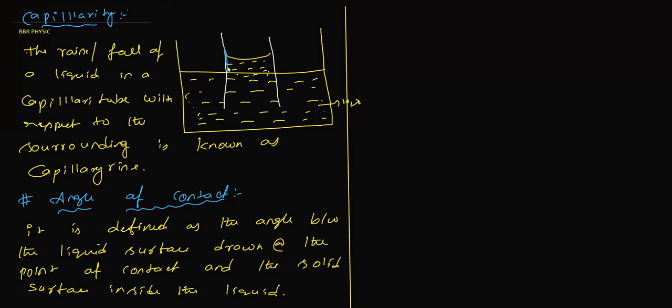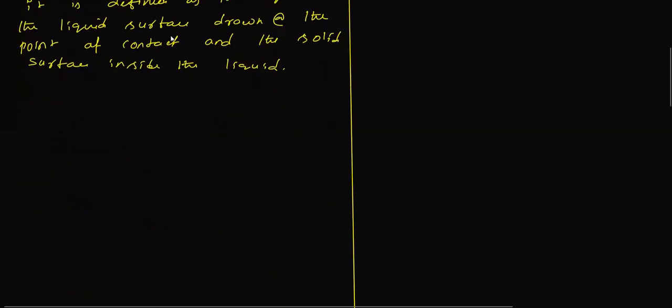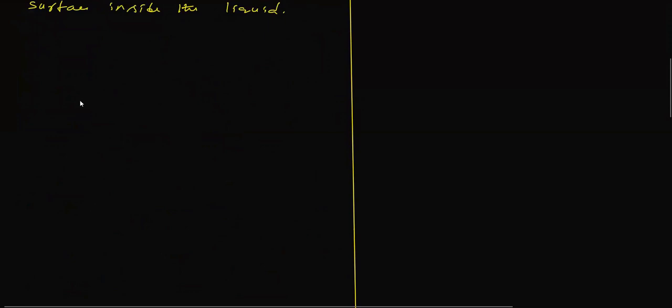This is the solid surface, and the liquid shape is there like this. Here you have to draw one tangent, and this angle is the angle of contact. For example, if I take water and put it on one surface, we keep one drop here like this, and you have to choose one tangent here.